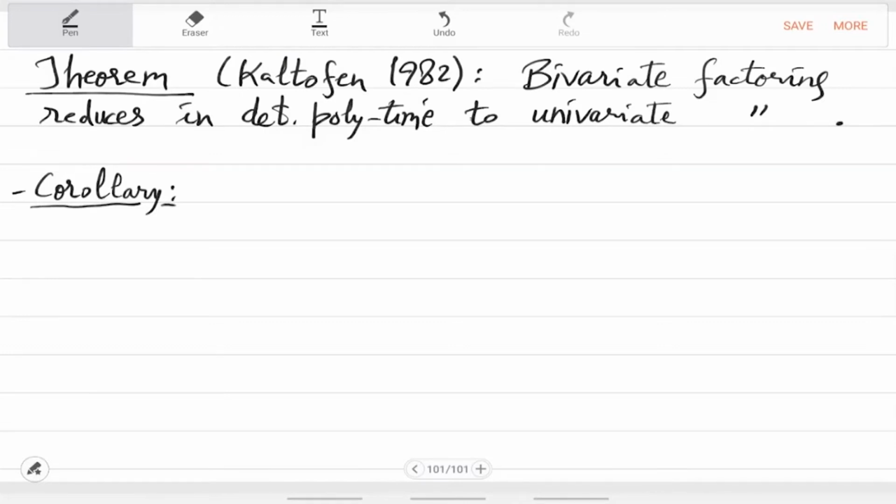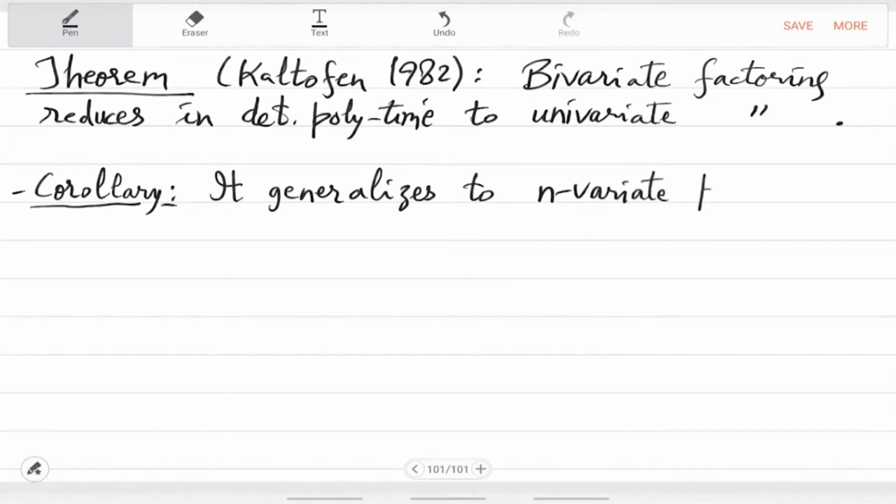just the same proof, or a similar algorithm, gives you factoring for n-variate polynomials.